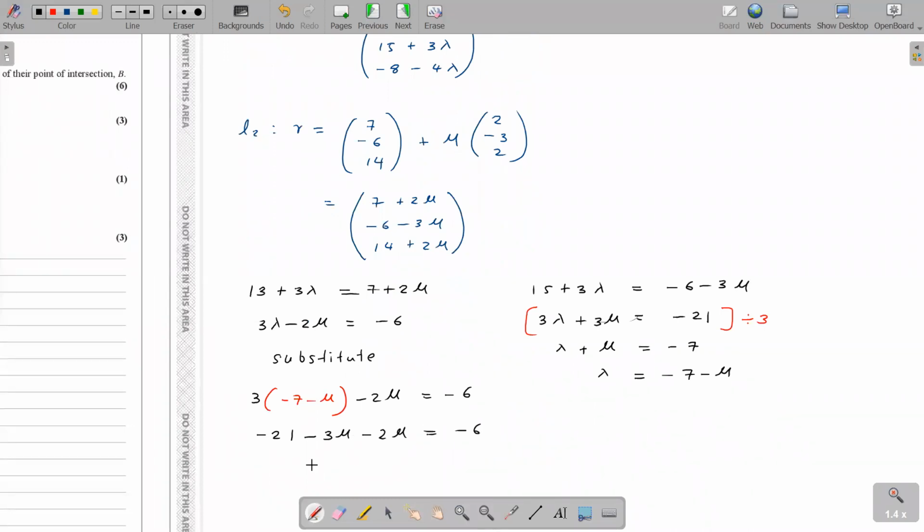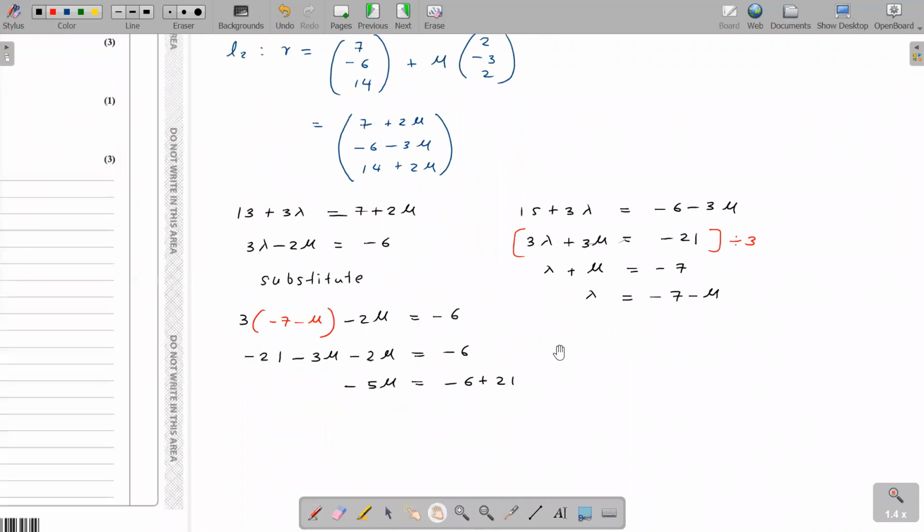Is this okay? I get here minus 5 mu equals minus 6 plus 21. So how much is minus 6 plus 21? That's 15, right? Minus 5 mu equals 15, which means mu equals 15 divided by minus 5, which is minus 3. Is this okay?